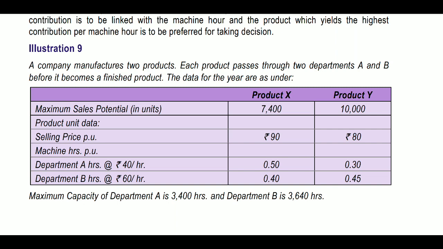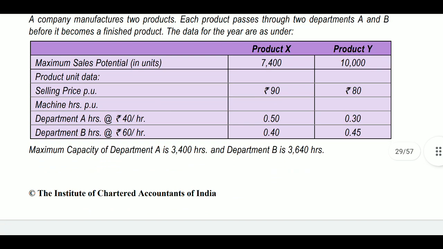Department B hours cost 60 rupees, 0.4 hours for product X, 0.45 hours for product Y. Maximum capacity of department A is 3,400 hours and department B is 3,640 hours.